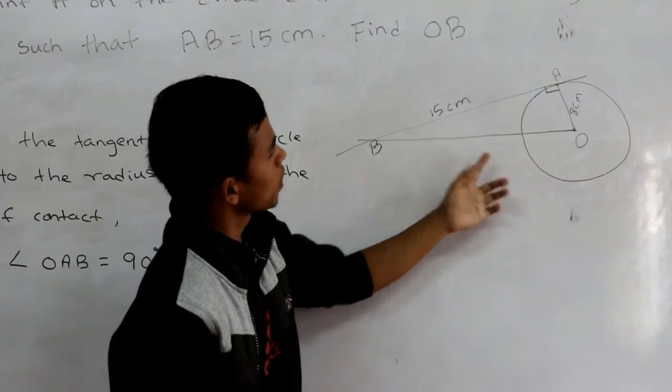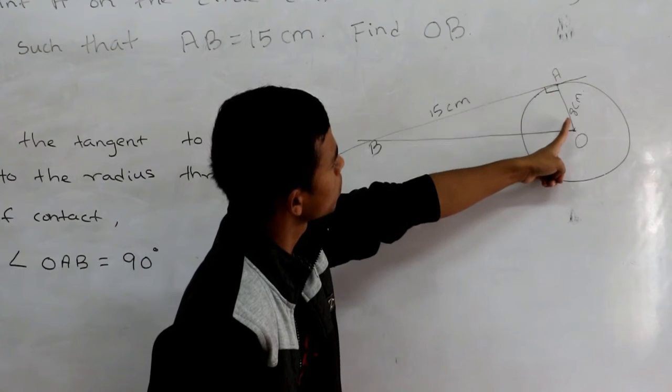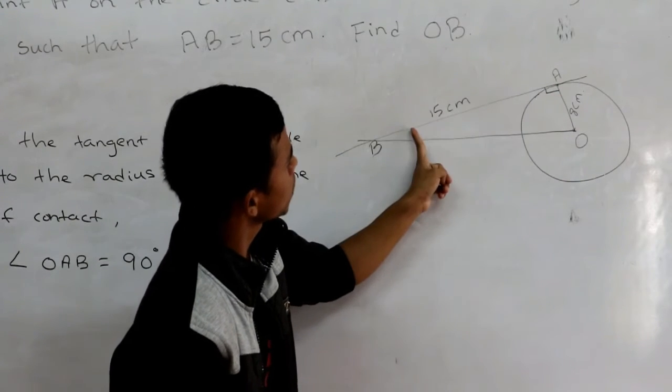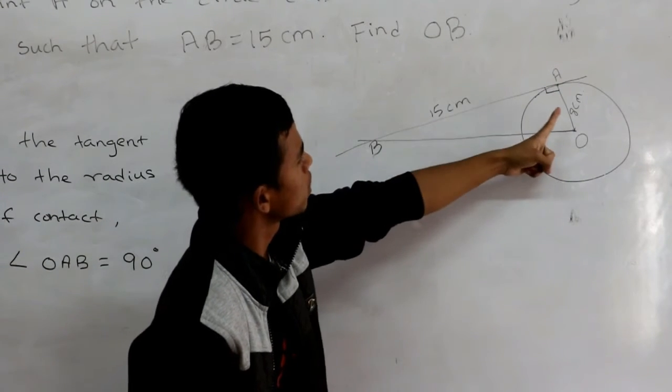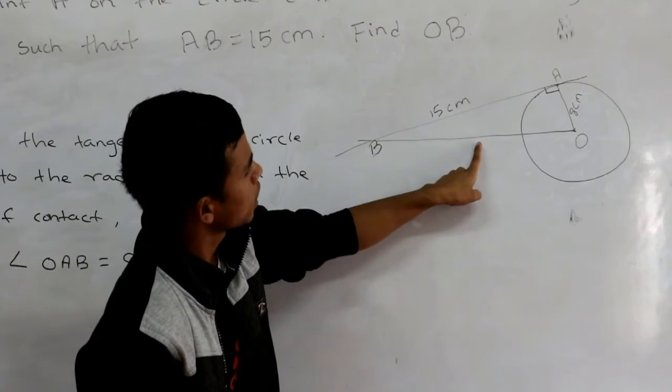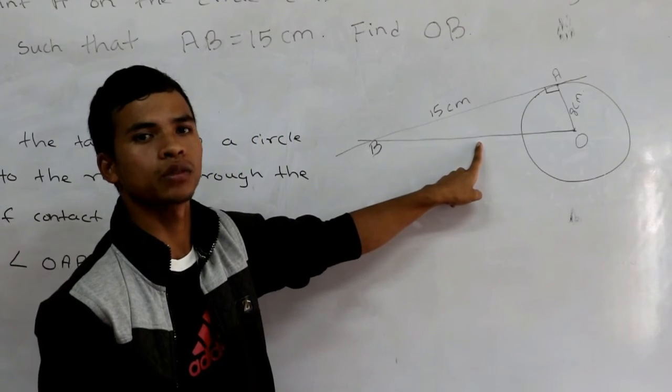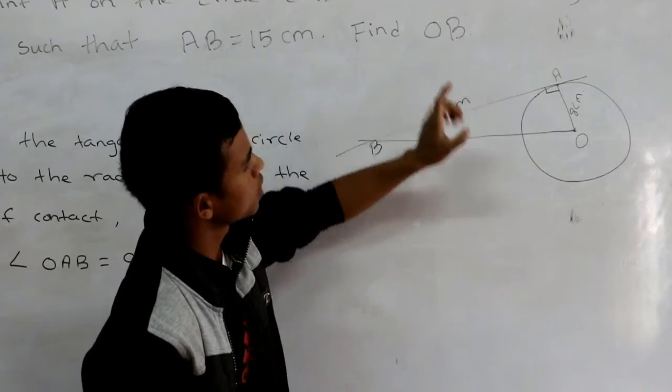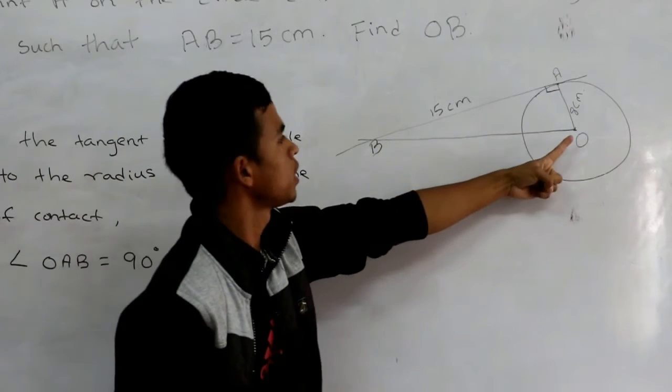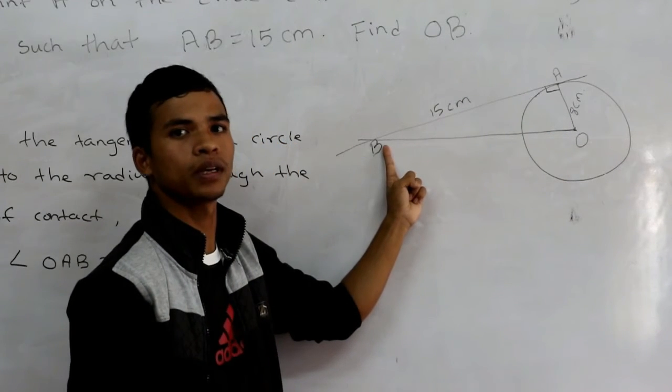So this will be the height and this is the base, or you can call this the base or this the height. Then this side here will be the hypotenuse. So we can use Pythagoras theorem to find this side OB.